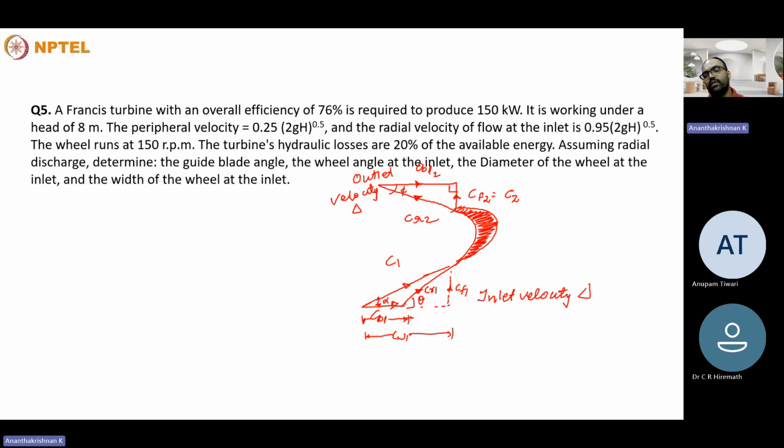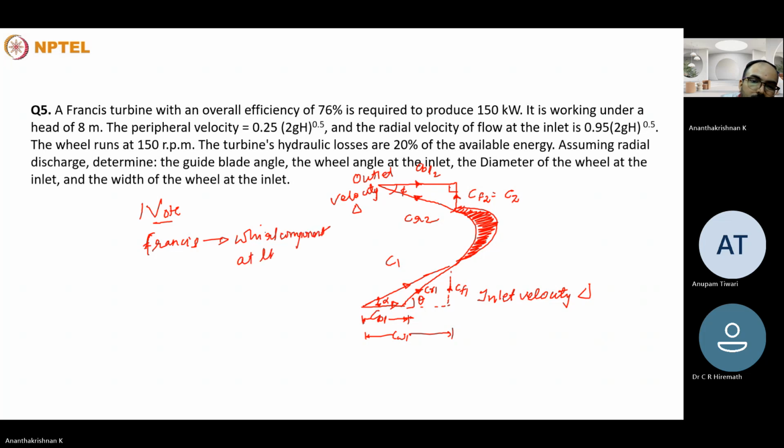The flow velocity component at the outlet will be the same as C2. So for the Francis turbine, note that you have to consider the whirl component at the outlet to be equal to 0. That's why this will be perfectly 90 degrees. So CW2 will be equal to 0 for the Francis turbine.